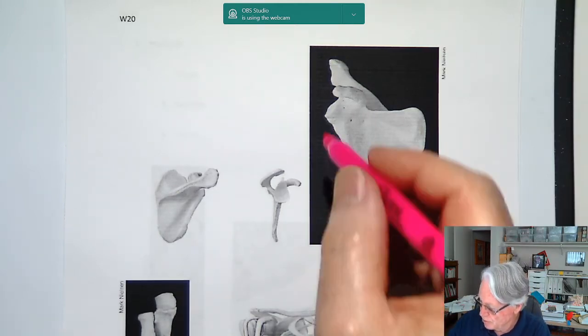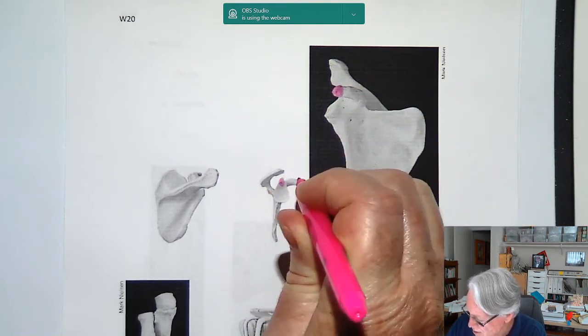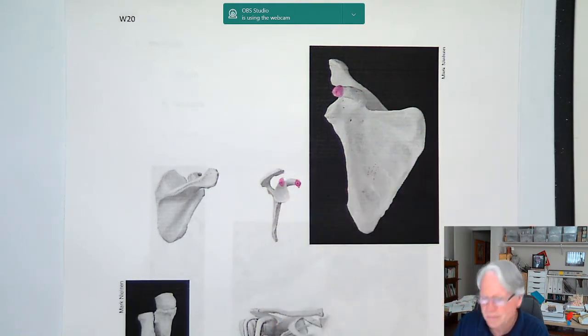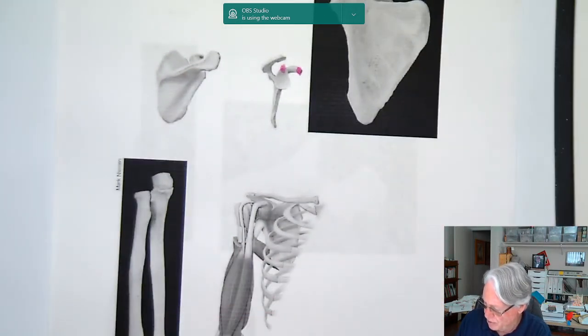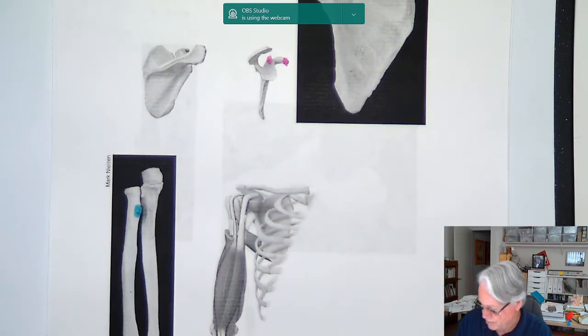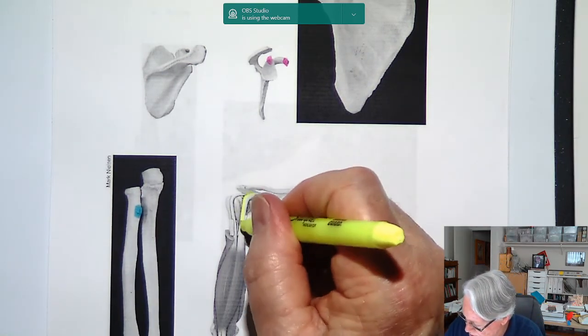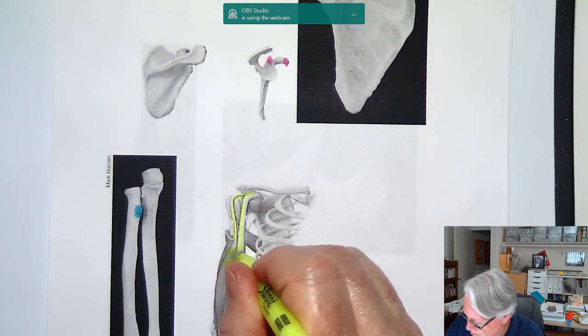And I'm going to do this, here, and there. Okay. And then I'm going to do blue, which is the insertion, right here. And then yellow is the actual muscle.